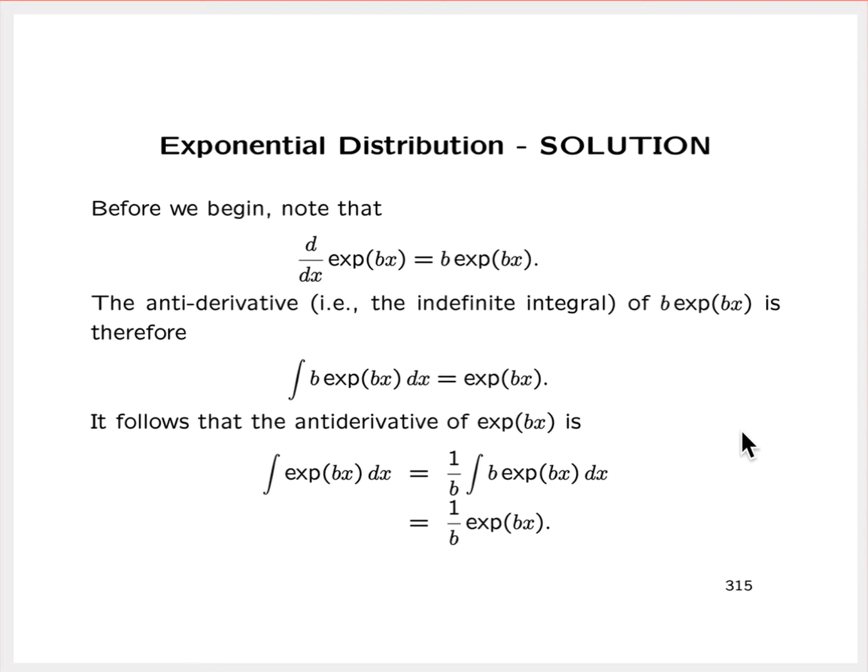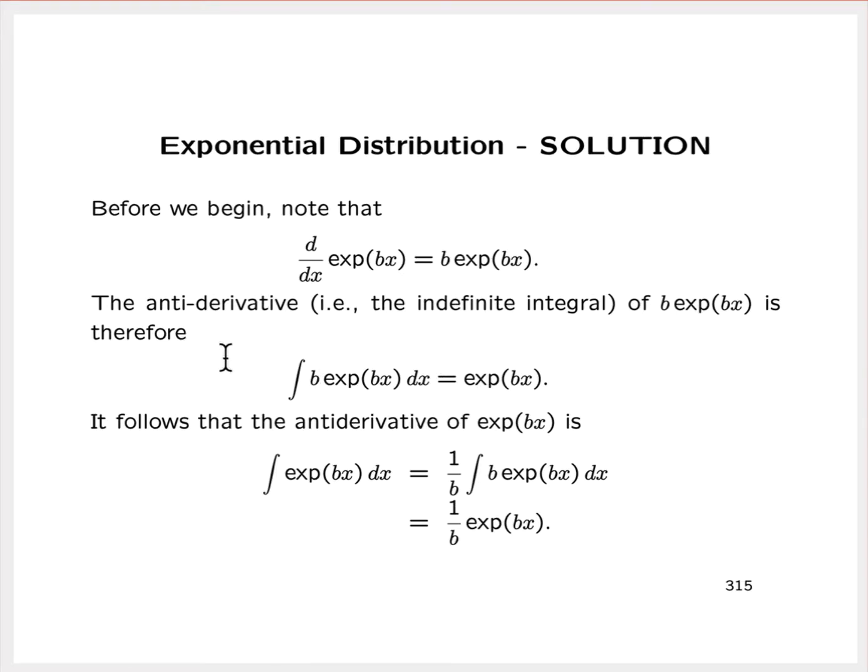So before we begin, I just wanted to point something out, a mathematical result involving the exponential function. You'll remember from your calculus class that the derivative with respect to x of the exponential function evaluated at b times x, in other words, the derivative with respect to x of e raised to the b times x power, is equal to b times the exponential function evaluated at b times x.